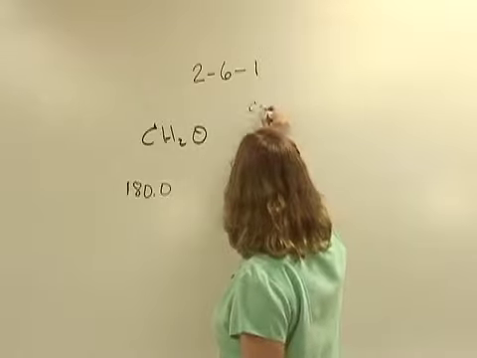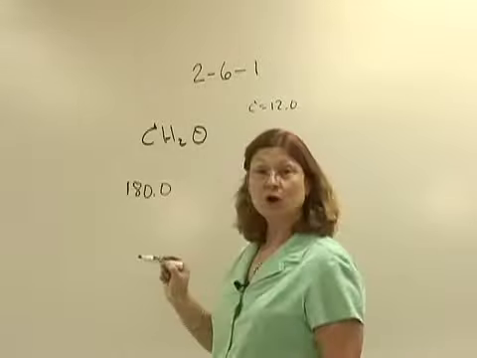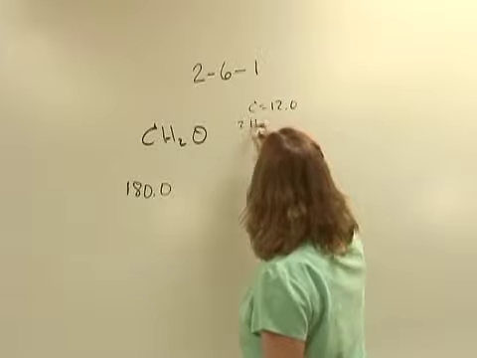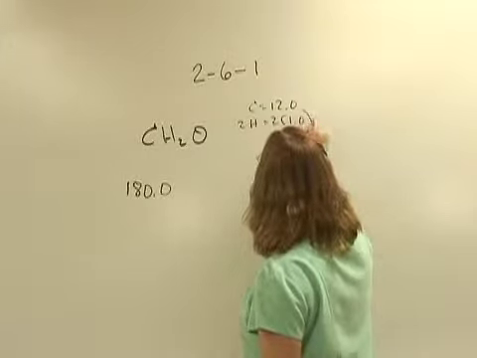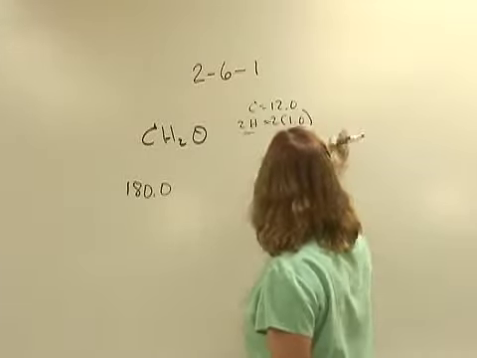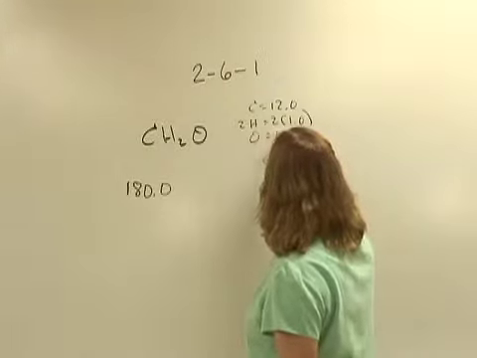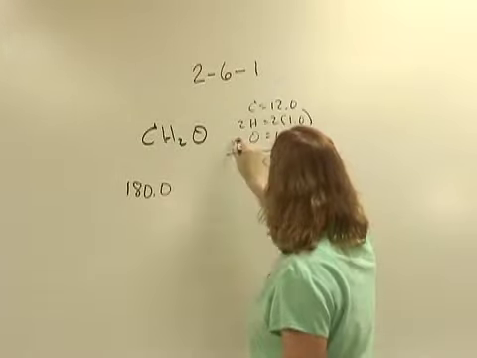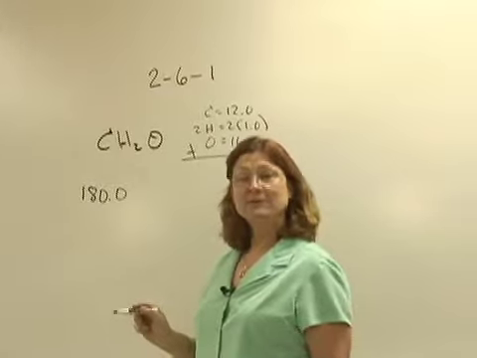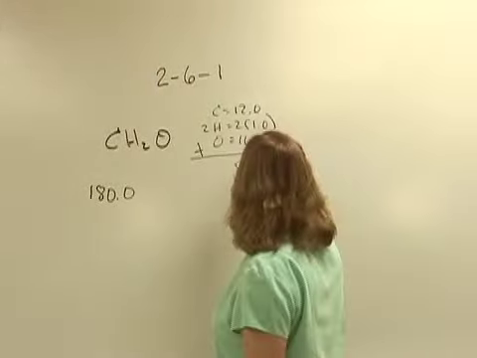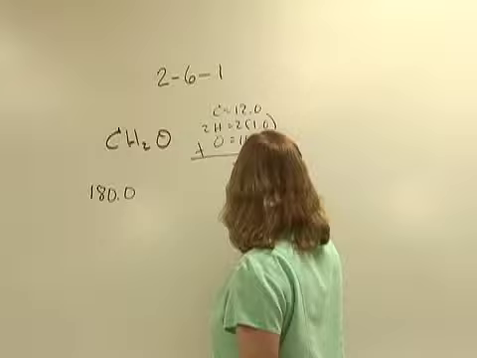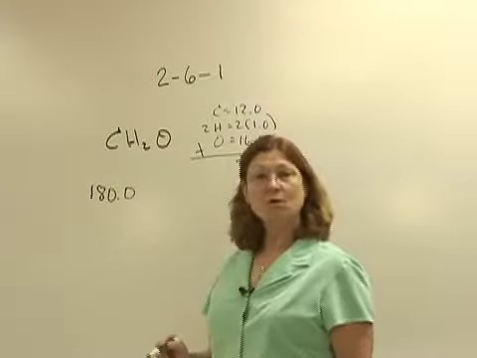I have carbon is equal to 12. There are 2 hydrogens, that is 2 times 1.0, and we have oxygen, and oxygen is 16.0. I add those up to get the empirical mass, and that would be 30.0 grams per mole.